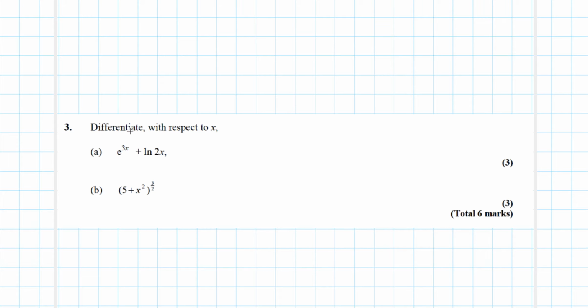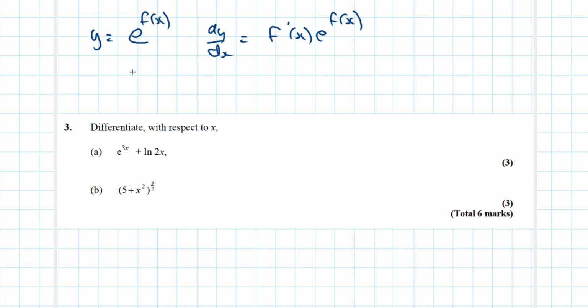Question 3, differentiate with respect to x, e to the power 3x plus ln 2x. So the general rule for e to the x, you can either memorize this one or use the chain rule. If y is equal to e to the f of x, then dy dx is equal to f prime x, the differential of the function, times e to the f of x.